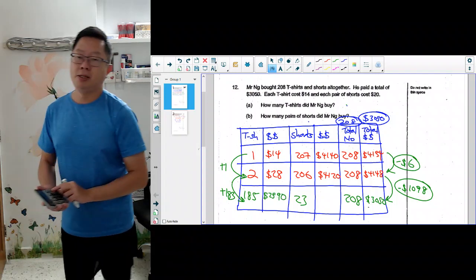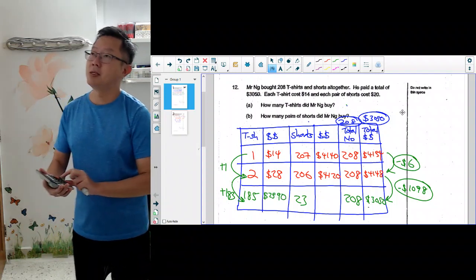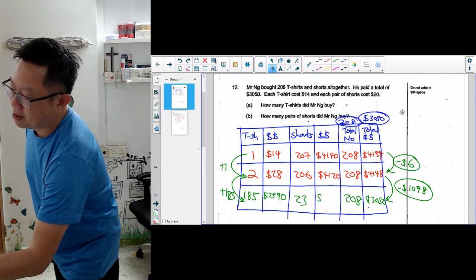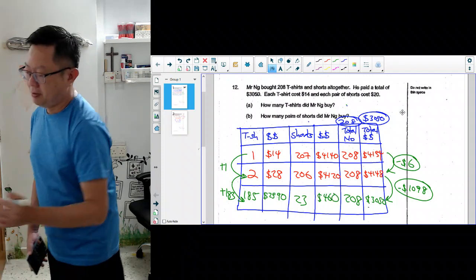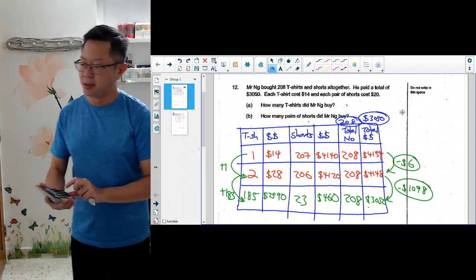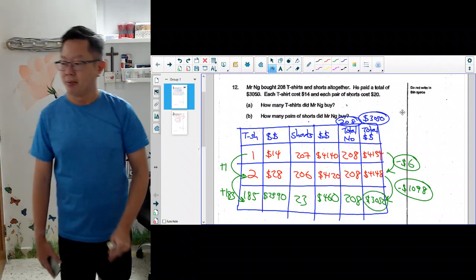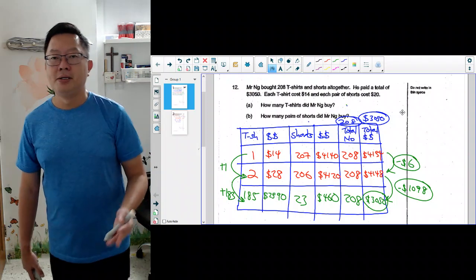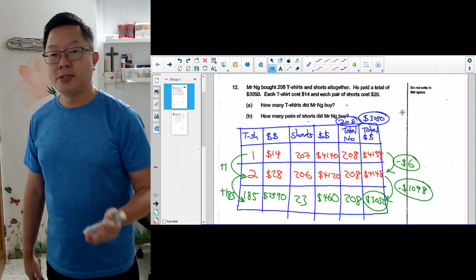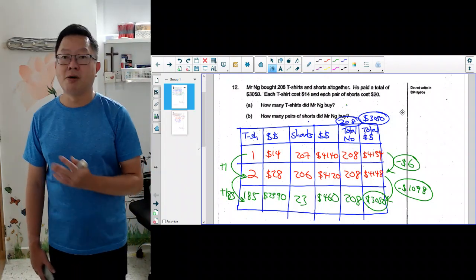And how much is 23 shorts? You take 23 times 20, and you will get $460. And if you plus them together, would you get the correct total? Will you get this total money? Yes, you get this total money. So your third row is correct. So that's how you use the 3 rows get the answer to solve the problem.